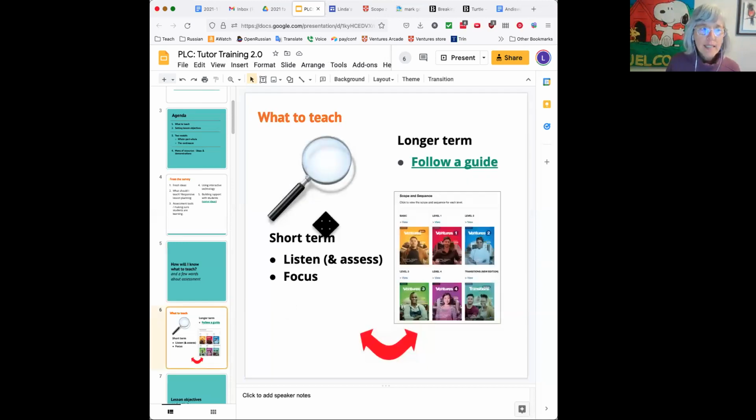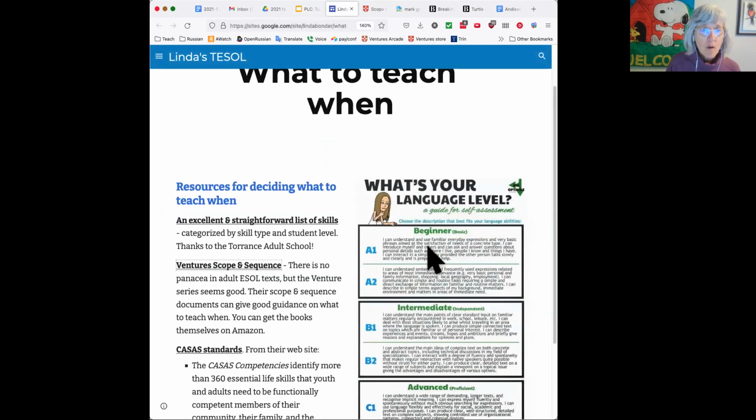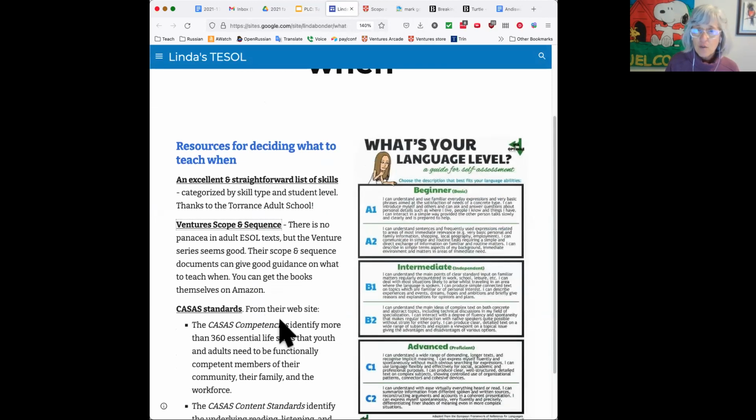All right, so let's talk about some tools. When we talk about what to teach, there's a short-term focus and a long-term focus, right? In terms of the long-term, we don't have to recreate that wheel. Lots of people have spent lots of time on that wheel before. What I recommend, I'll show you on my little website, there are some different resources in here.